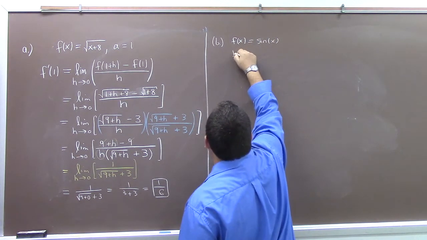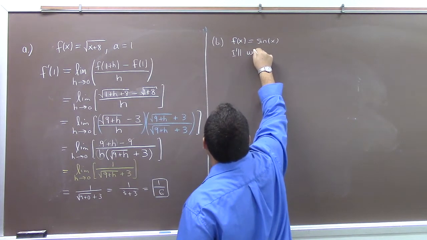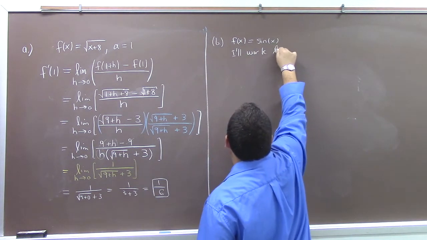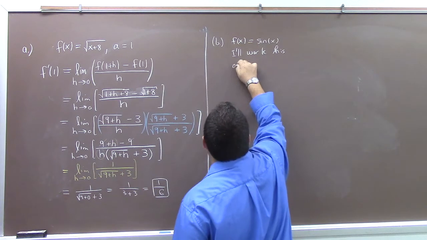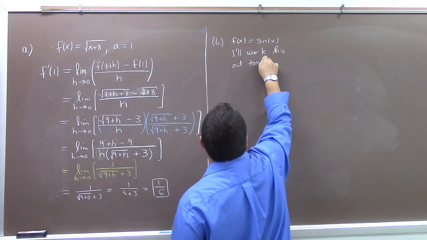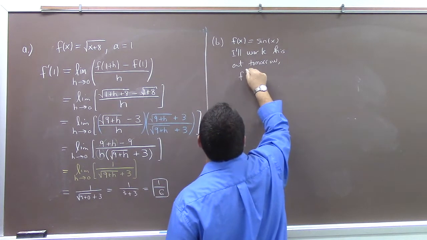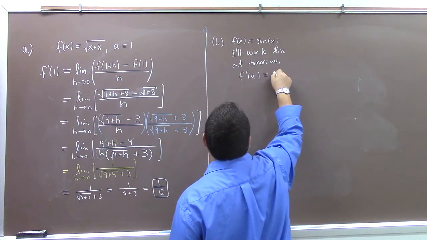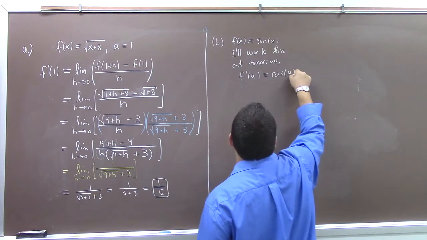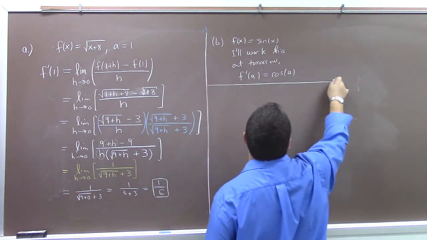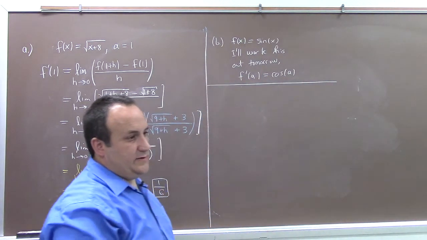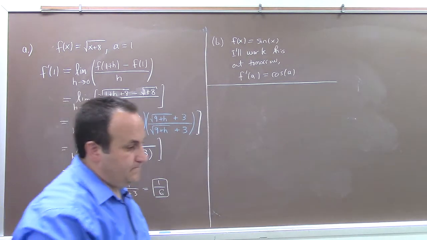I'll work that out tomorrow. We'll learn that f prime of a would be cosine of a. It takes me a little while to derive that, though. Okay?